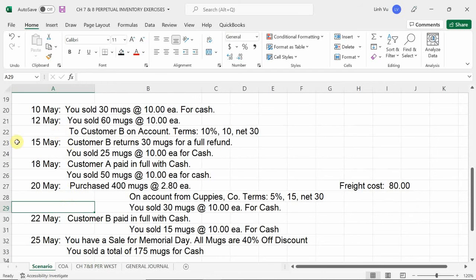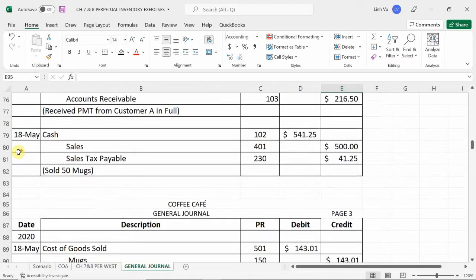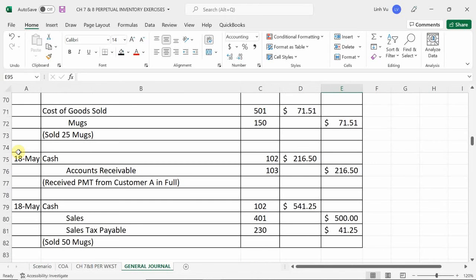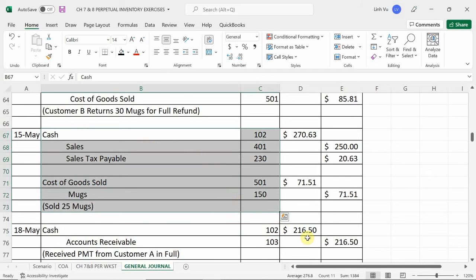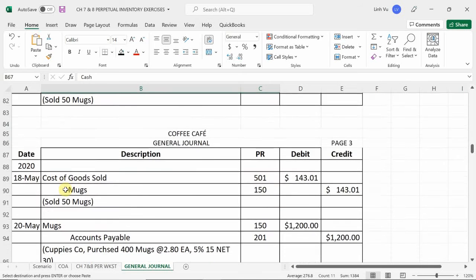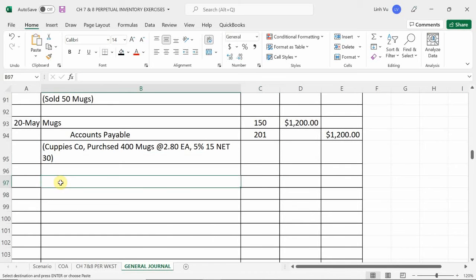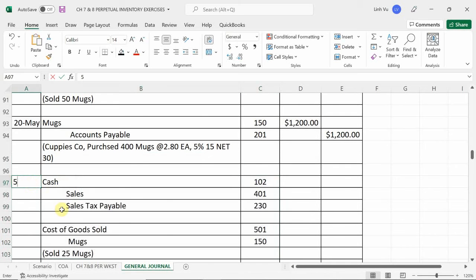So I just purchased inventory on May 20th. And of course, that very same day, you also end up selling 30 mugs for $10 each for cash. Once again, we've seen this transaction before, because we sold 30 mugs for cash on May 20th.